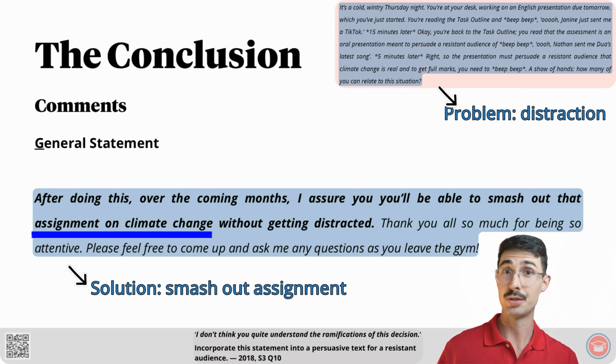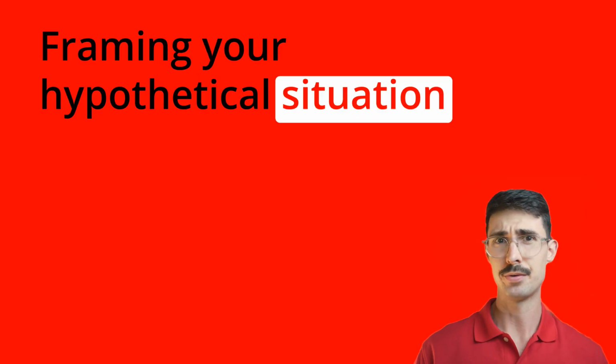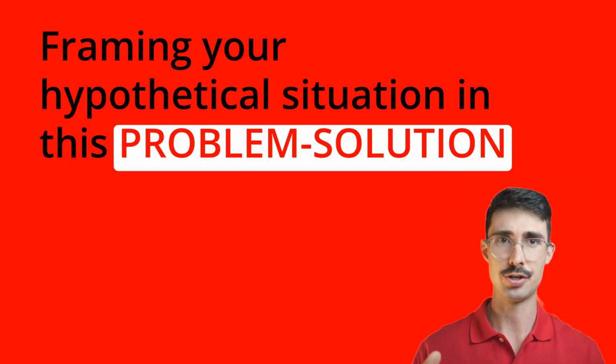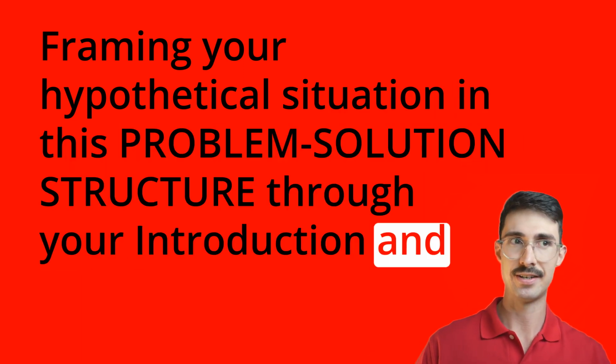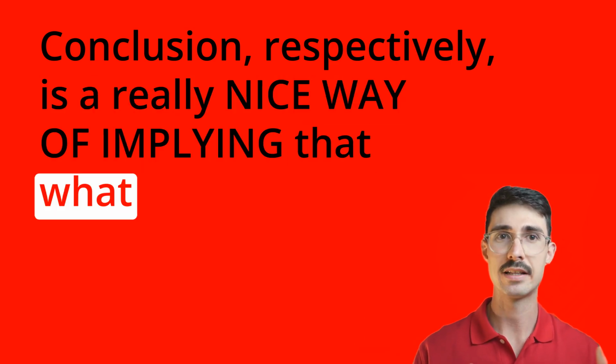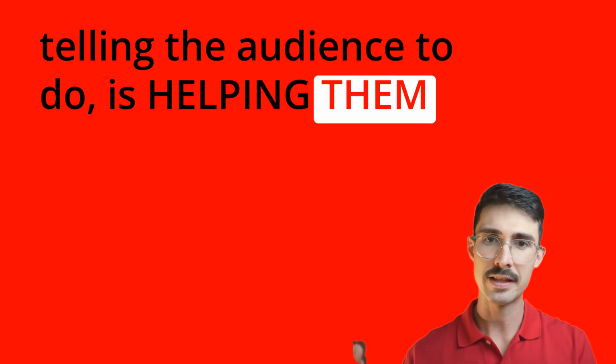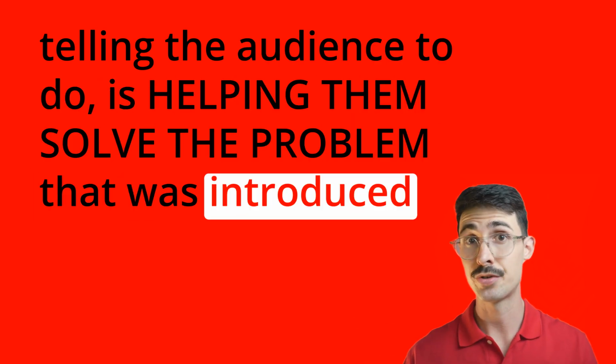That solution being you'll be able to smash out that assignment. Framing your hypothetical situation in this problem-solution structure through your introduction and conclusion respectively is a really nice way of implying that what you have spoken about and what you are telling the audience to do is helping them solve the problem that was introduced in the introduction.